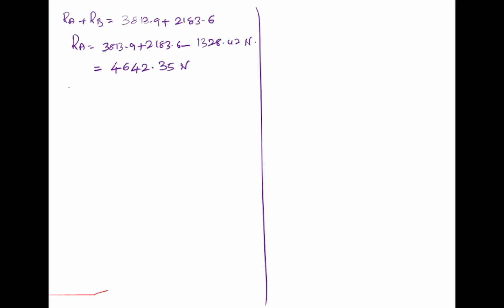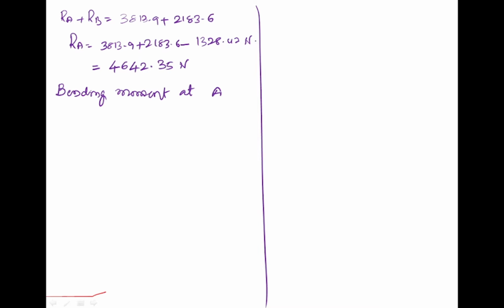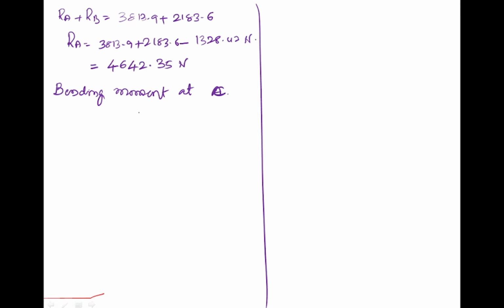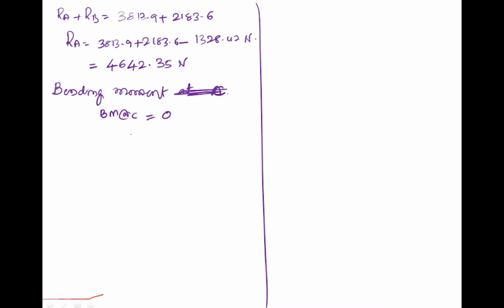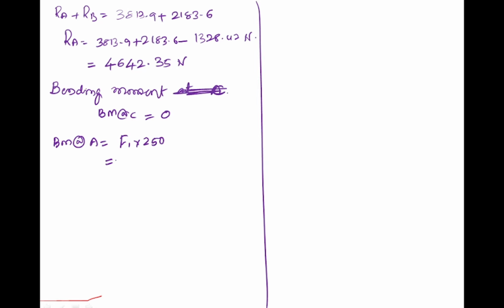Now, bending moment at A. Okay. So bending moment at C is 0. Let us go one by one. Bending moment at C. So BM at C is 0. Now bending moment at A equal to F1 into 250.